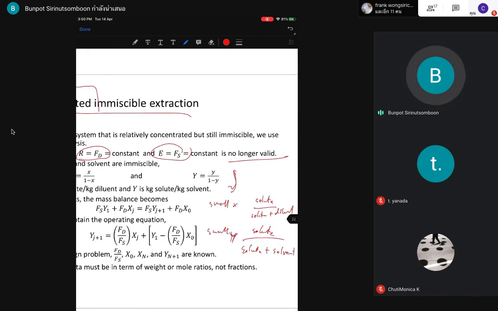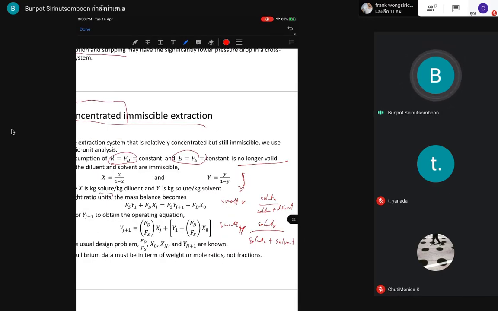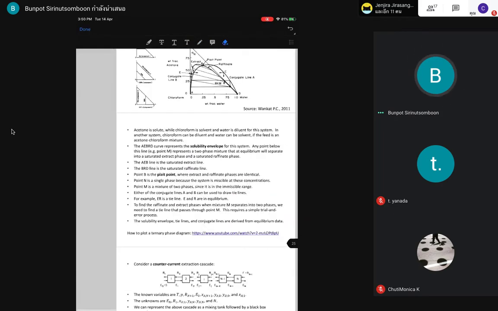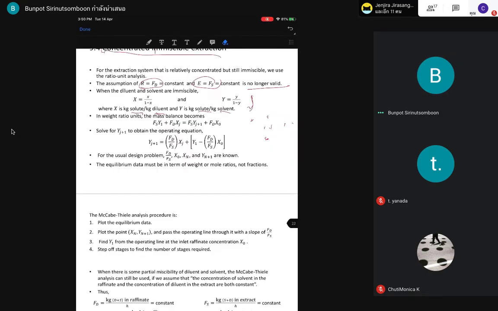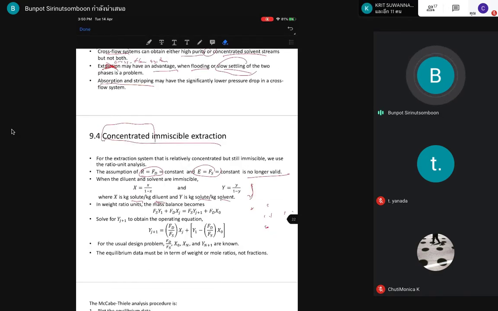But for big X, it is solute per diluent only, not including the solute in the denominator, and big Y is solute per solvent. So small x and small y are different. For a concentrated system, you have to define the new big X and big Y, and also a different form of operating equation.